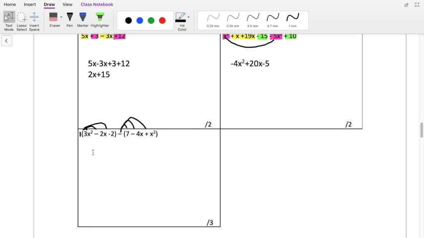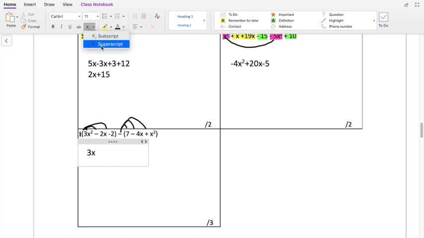So in this case, the first one is going to be 3x to the power 2 minus 2x minus 2. So all the same. But everything on the next side is going to switch signs. It's going to be minus 7 plus 4x minus x squared.